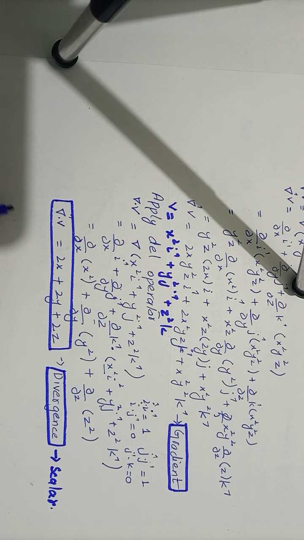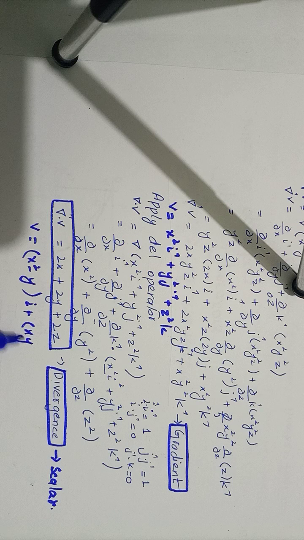Now we apply the del operator on a vector as a cross product. Let v be the vector, v is equal to (x squared minus y) i plus (xy minus y squared) j.